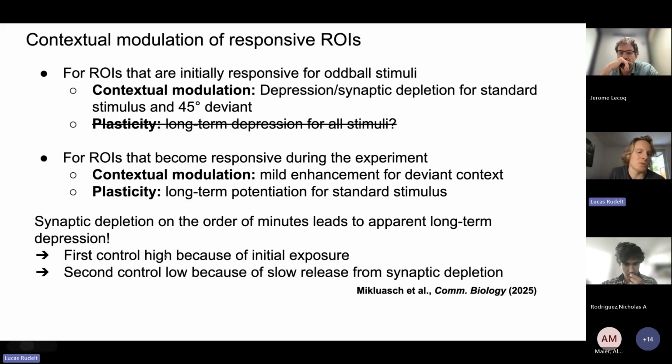And that's because the first control seems high because of initial exposure, so no habituation, and the second control appears low because of slow release from synaptic depletion. And for this effect to kick in, the depletion has to be very long, in the order of minutes.